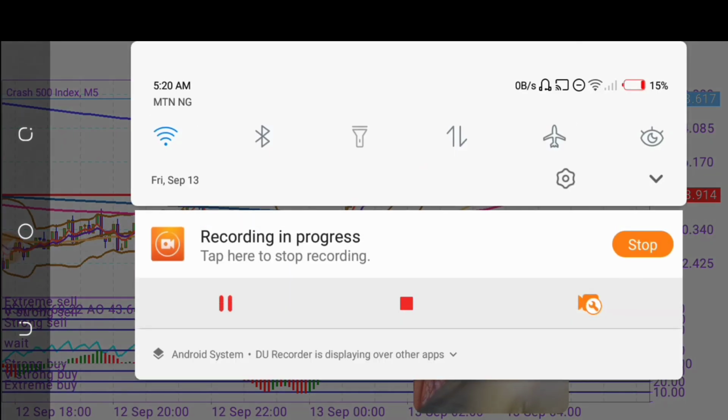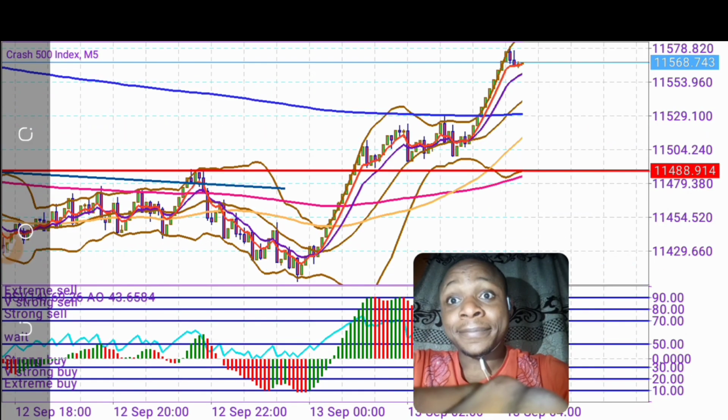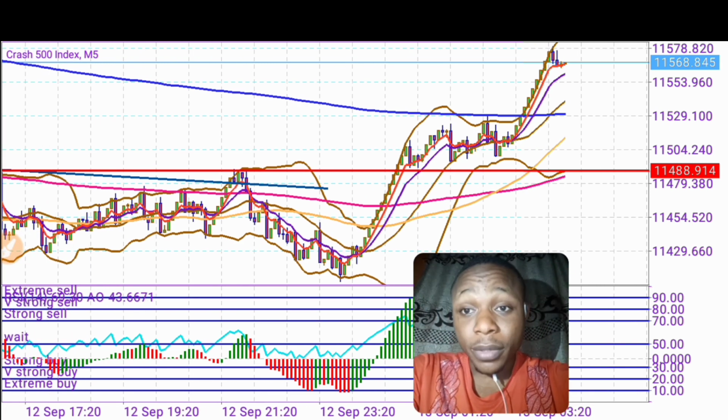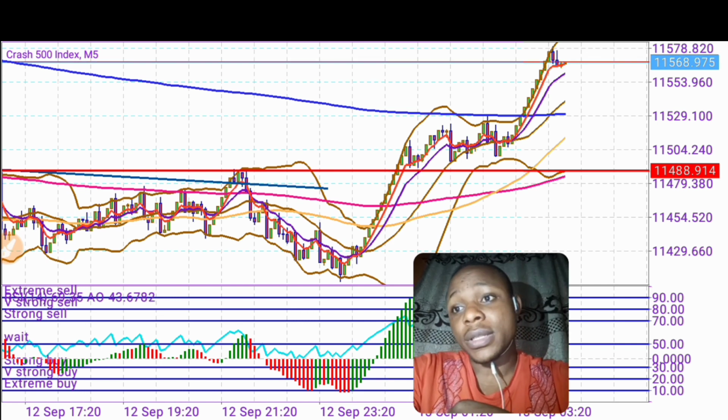So I've taught you how to draw support and resistance lines, right? So majorly we're going to be using those support and resistance lines, and also trend lines.